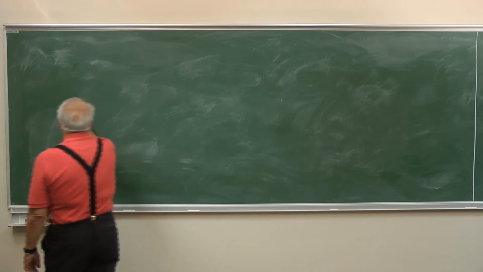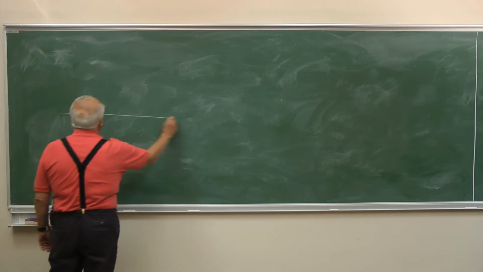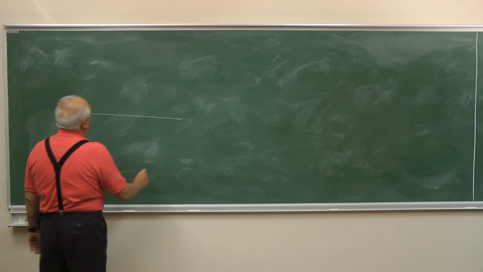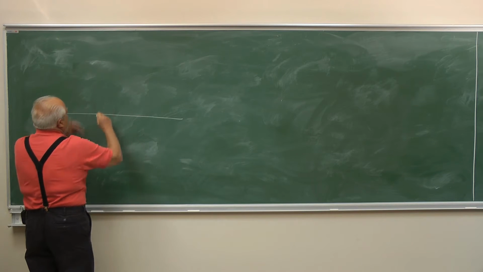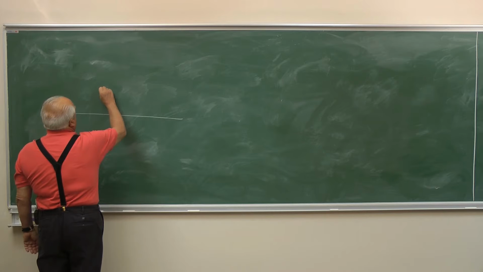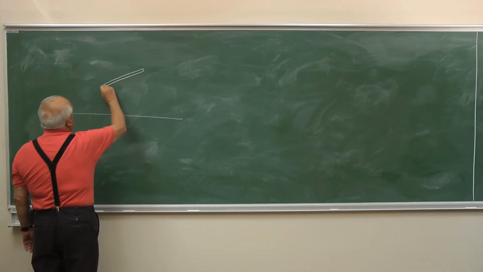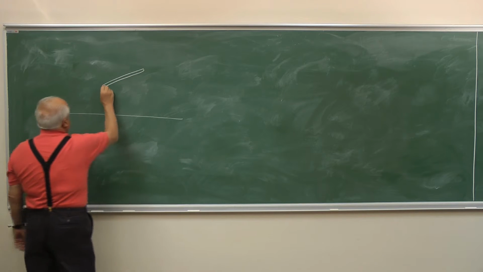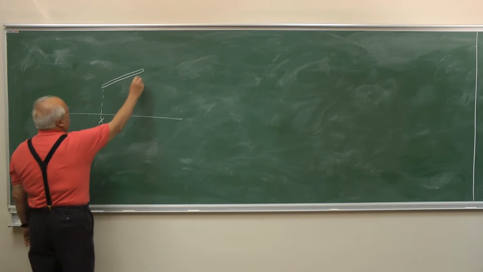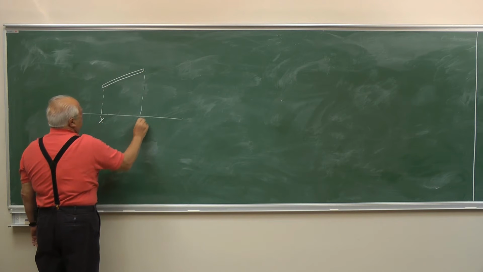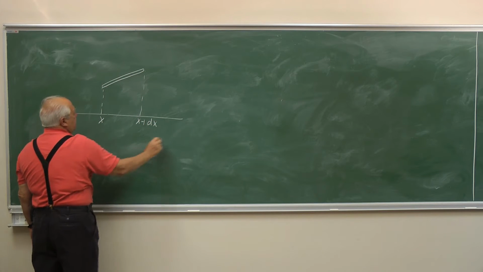So here we have a string. And when there is a wave on it, it is displaced. And let's take a small portion of it. This is at x, this is at x plus dx.